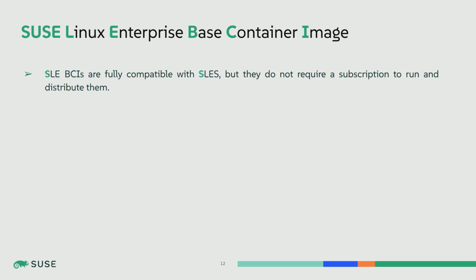Which means that instead of using Docker Hub, which potentially will have images not certified or built in a specific way, where you don't know which packages are inside, you can see when it has been built, but the SUSE registry will basically provide security. And you don't need any subscription to use that.